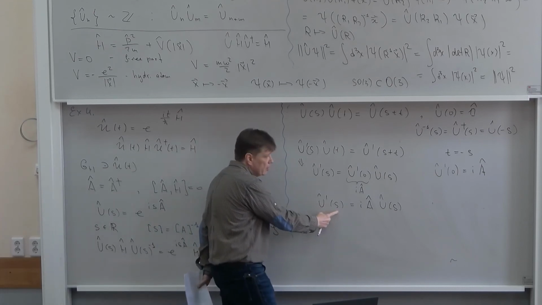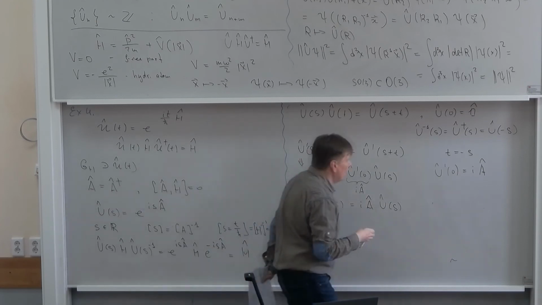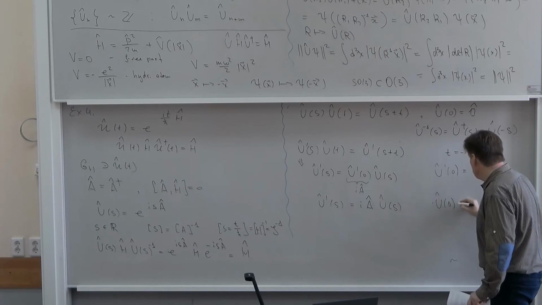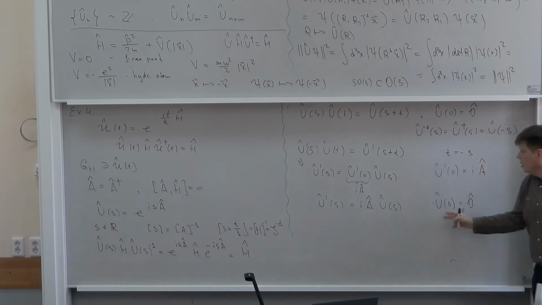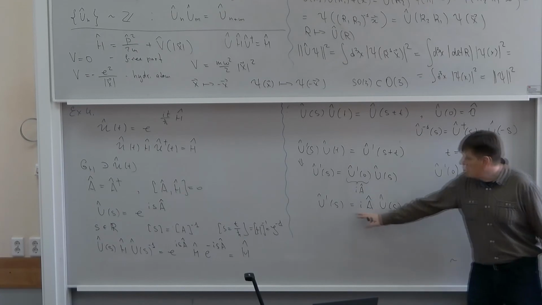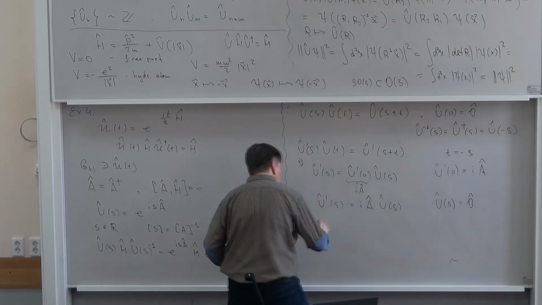For given A, we have this equation with the initial condition that U of 0 is equal to 1. And it is quite clear that this equation has a unique solution.